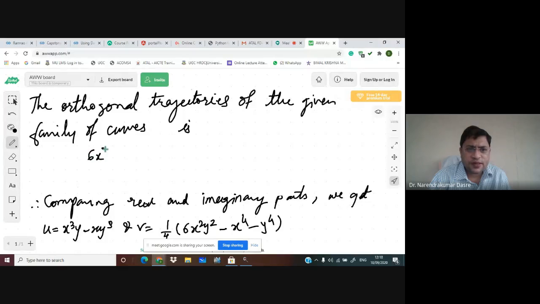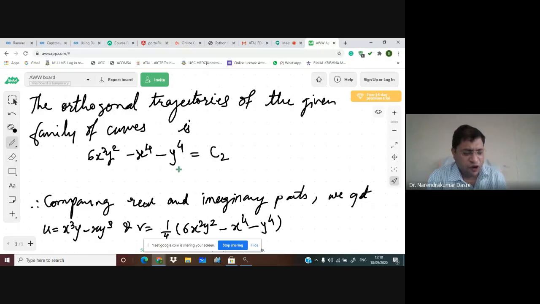So you'll be having 6x square y square minus x raised to 4 minus y raised to 4 is equal to another constant. So this all is by 1 by 4. So that 4 I can take and I can merge it with this constant. So if I consider this as a C 2 and then multiply by 4, then again it will be a constant.